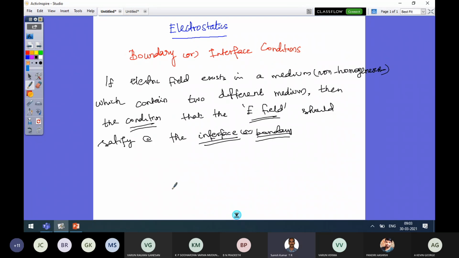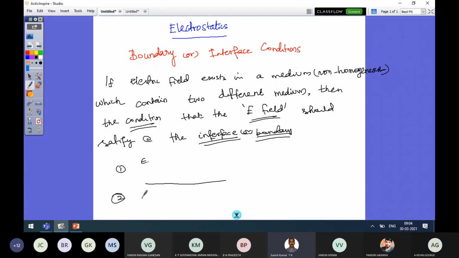Simple picture: assume an electric field exists in a medium. Let me redraw the picture. Consider this is medium 1 and this is medium 2. These mediums should be characterized in terms of electric field, so they should be characterized with the permittivity.